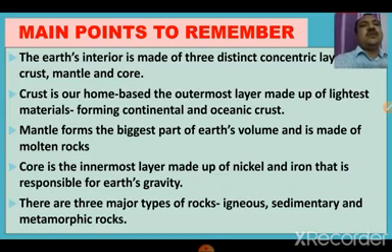Mantle forms the biggest part of the earth's volume, made up of molten rocks, that is 84% of the earth's volume. Core is the innermost layer made up of nickel and iron, and that is responsible for the earth's gravity. There are three major types of rock: igneous rock, sedimentary rock, and metamorphic rock.